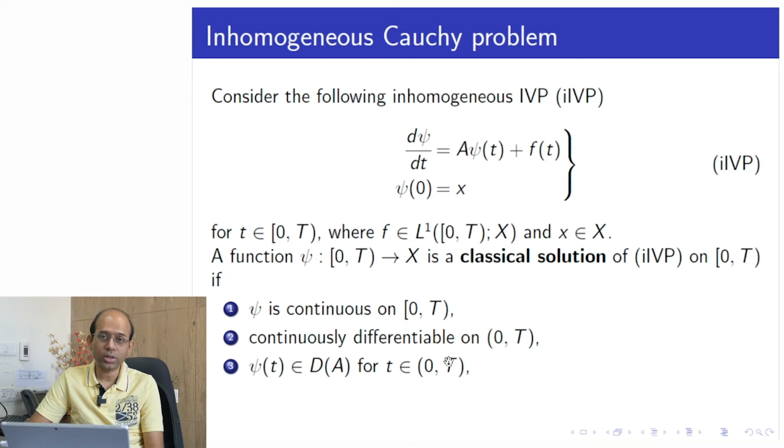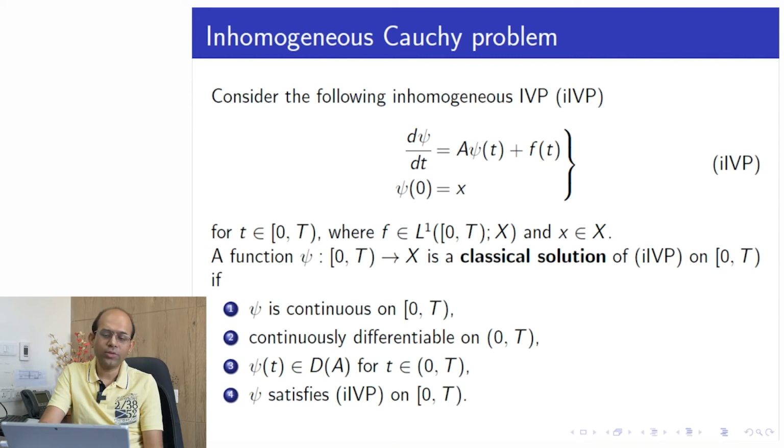We also need the most important fourth condition, that psi satisfies this equation on this time interval. If all these things are true, then we call psi the classical solution of the IIVP. Clear.